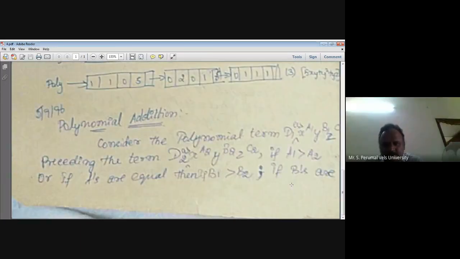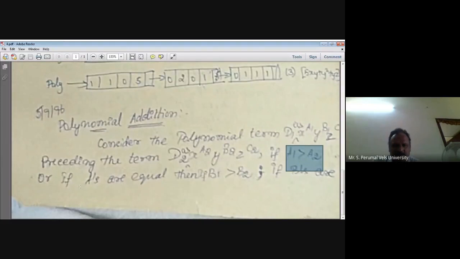Yes. So you are comparing the x values first. Here x is there, here x is there, so that is A1, A2. So if A1 is greater than A2, then it says the first value is greater. Okay, that condition is done.